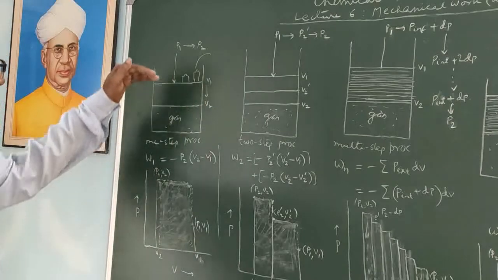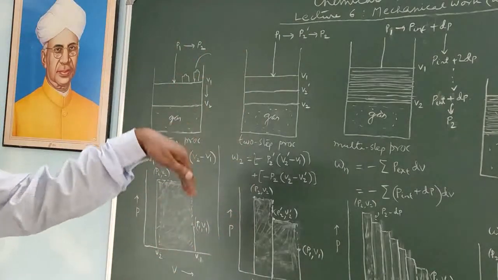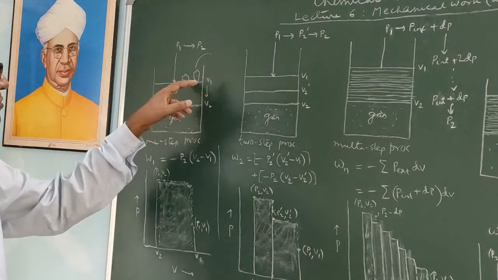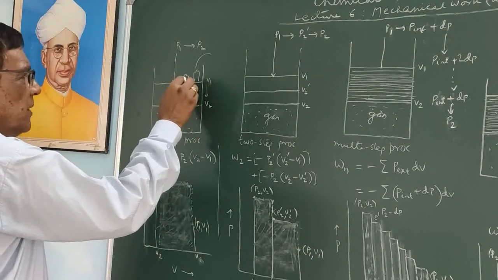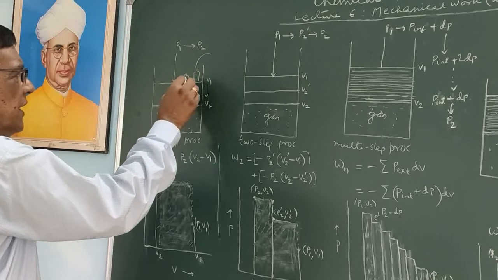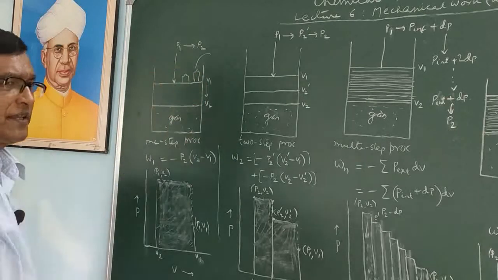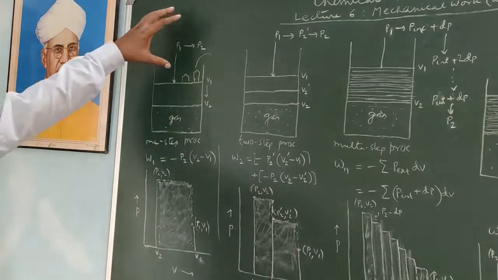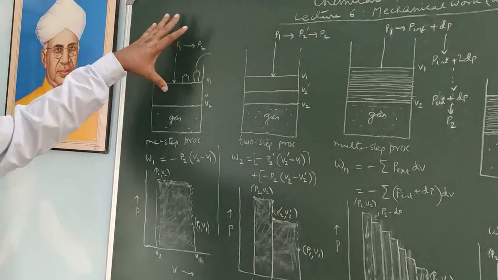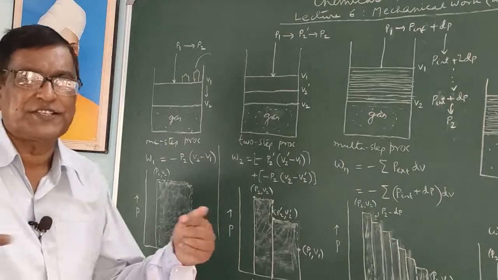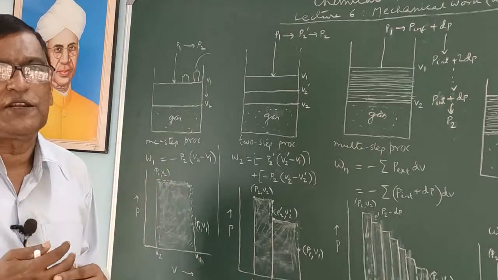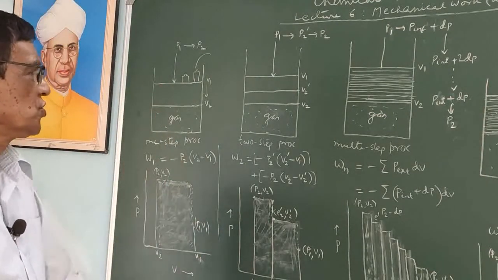The pressure is increased, the volume decreases, and now the pressure over this piston is 5 kg plus 5 kg equal to 10 kg. Suppose this piston remains in vacuum, so that no external atmospheric pressure falls on this piston.